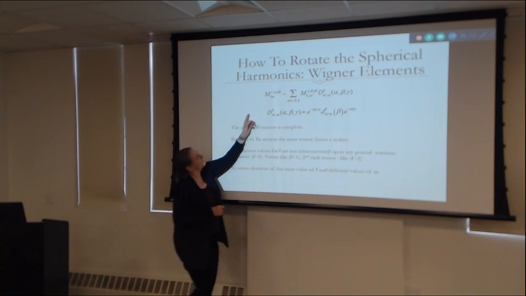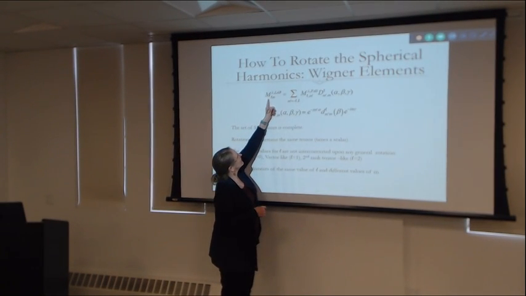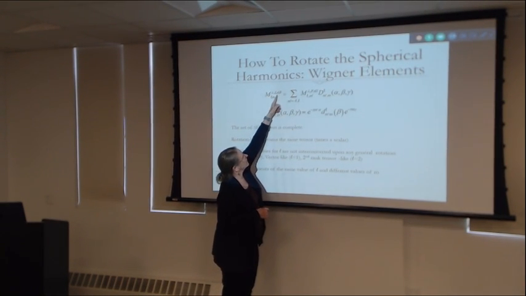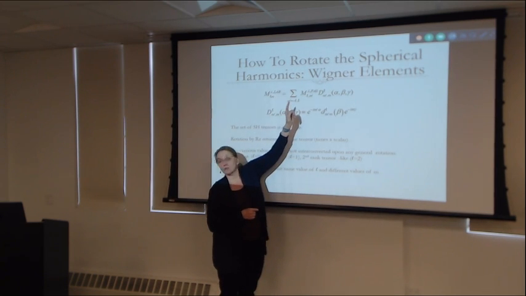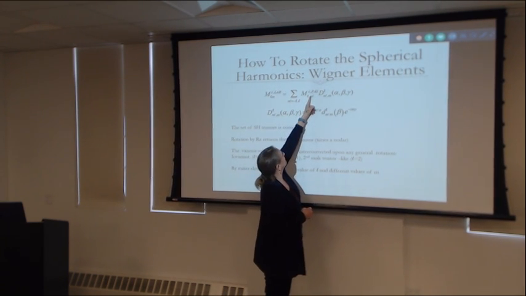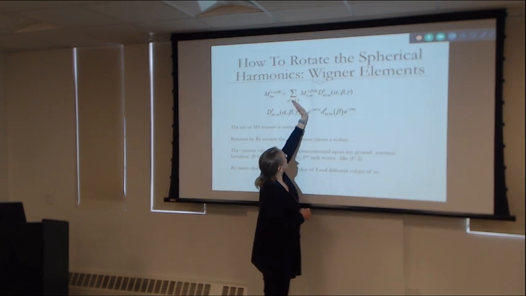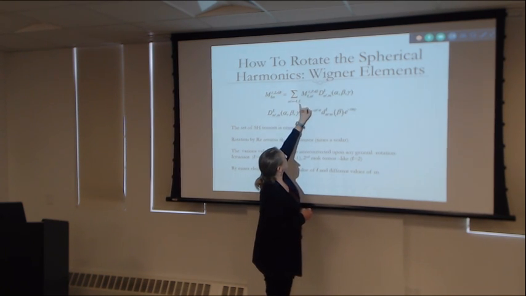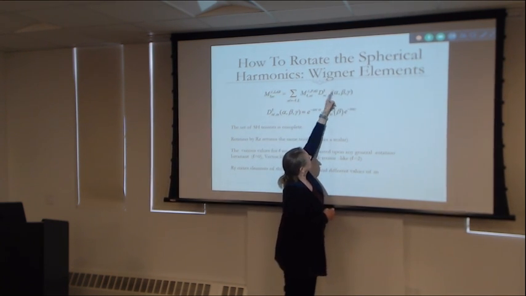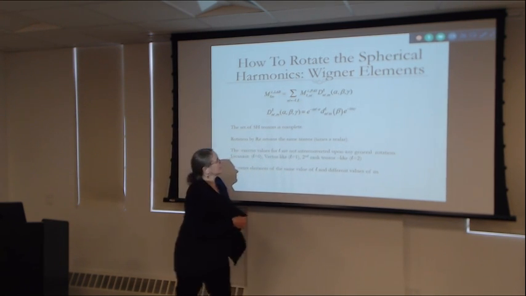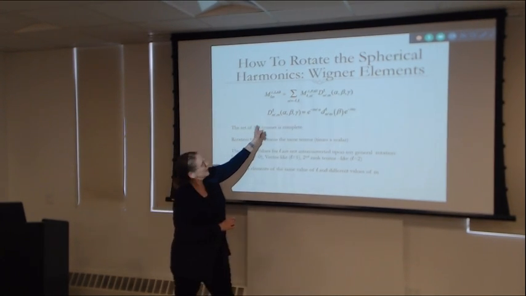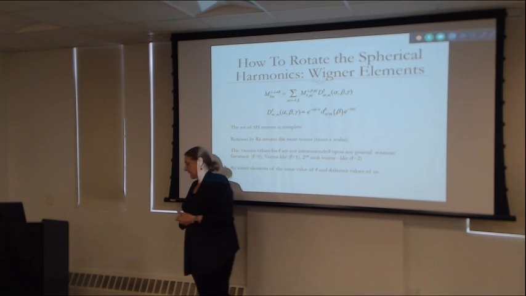Here's the whole equation. Writing my tensor in spherical harmonic notation in a new frame, what I have to do is write it in the original frame and specify which component I want. And I'm going to march through those various components, and the size or amplitude of each of the components will be given by this expression.